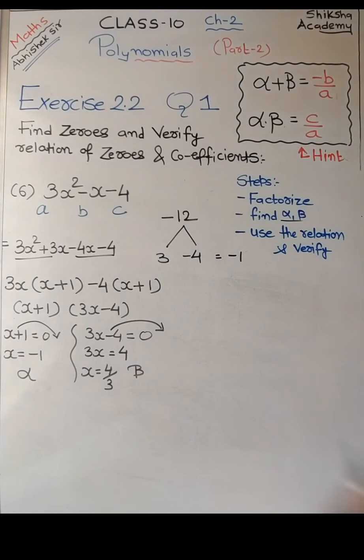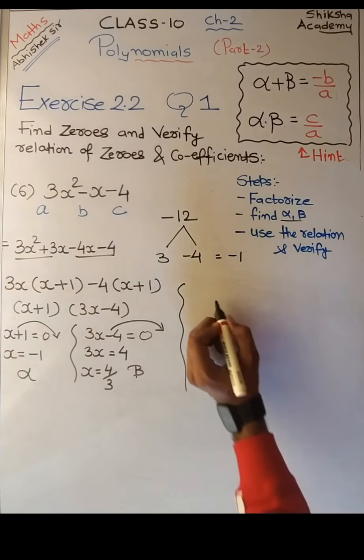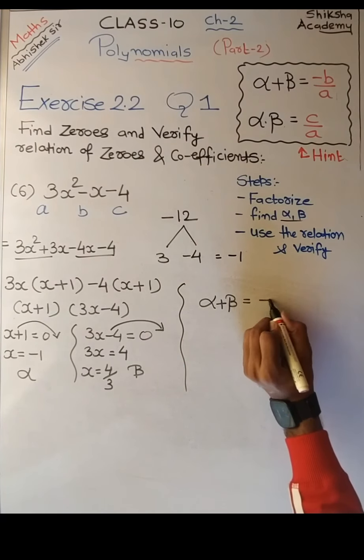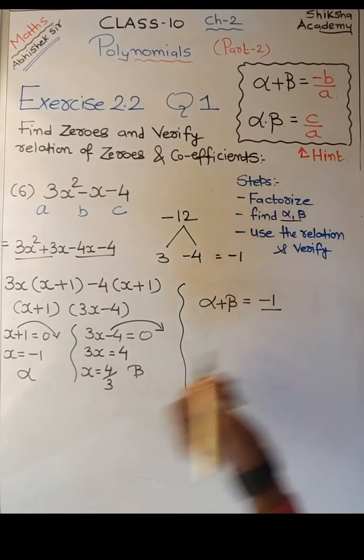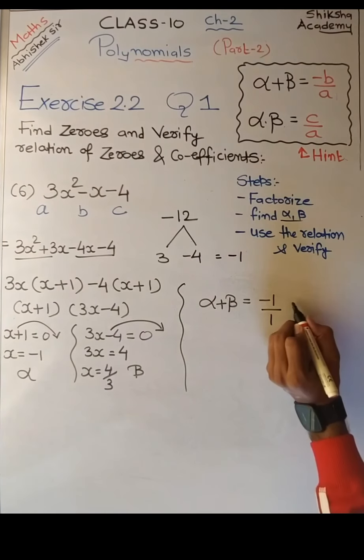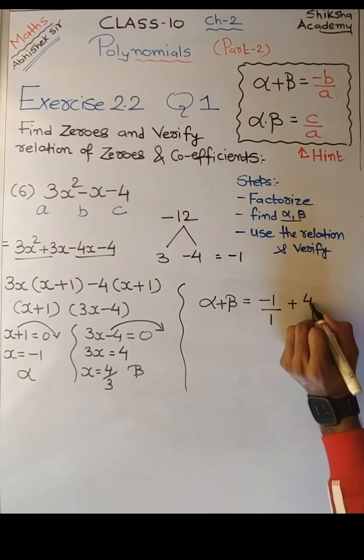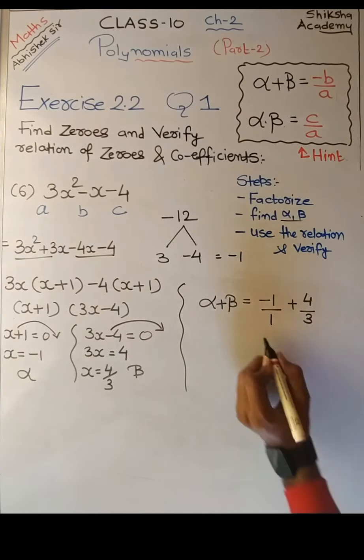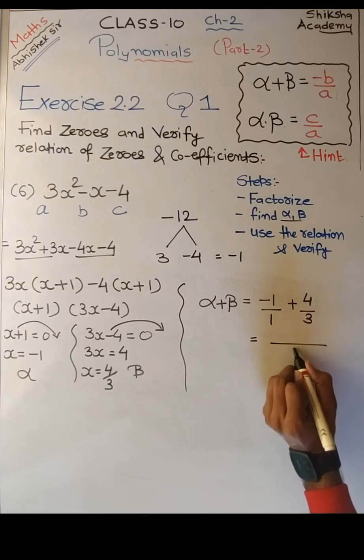Now moving on to the next, let us add these. So it will be minus 1 upon 1, plus 4 upon 3. What we are doing is addition. So what will be the LCM of 1 and 3? It will be 3.